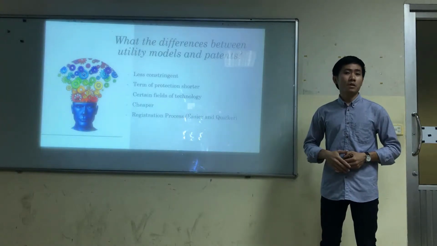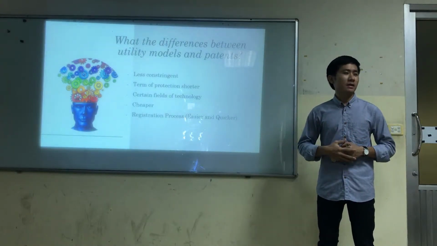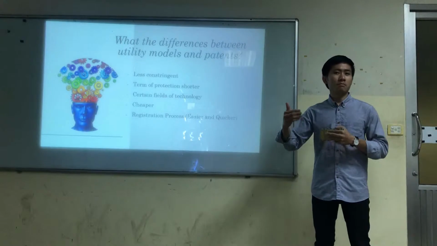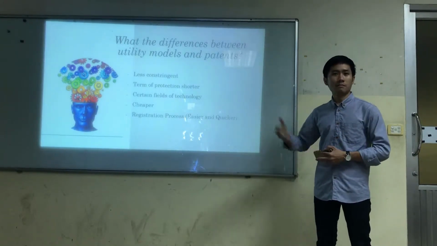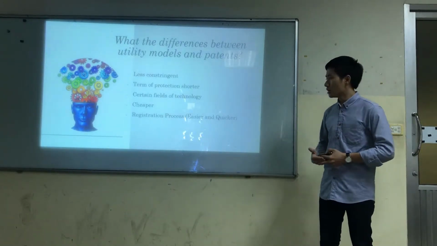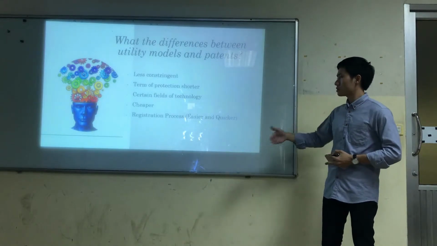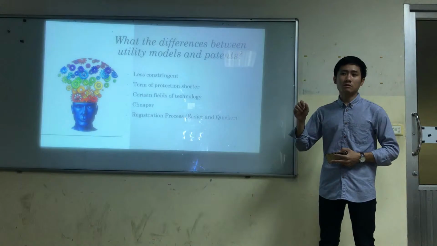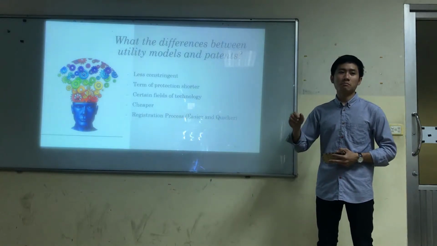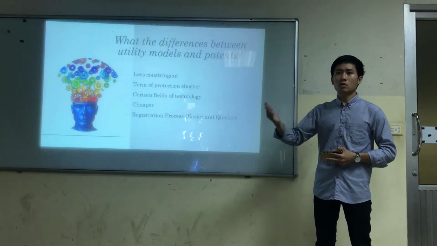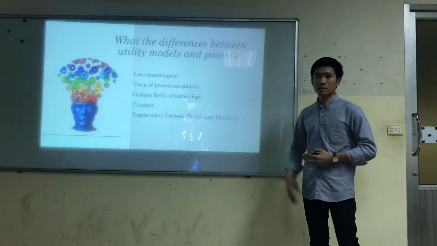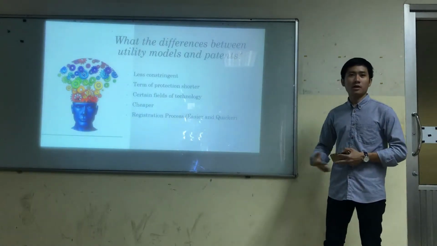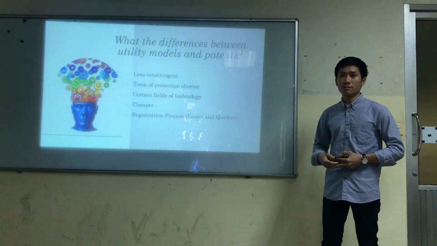For people who want to get their products registered at the patent office or utility models office, it takes around 6 weeks or less to get the utility model recognition letter from the officials.